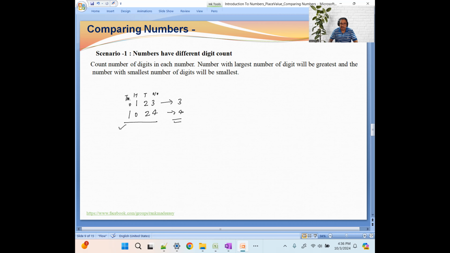So the number with more digits will be the greater number. So by counting the digits, you can say 1024 is greater than 123. Hope this made your life easy, right? This concept is easy to understand, right?